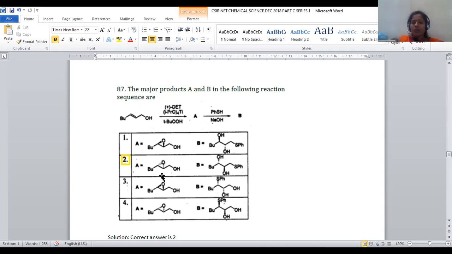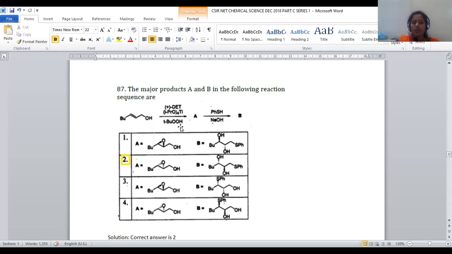Plus diethyl tartarate always gives the epoxide on the backside with respect to the R group, and minus diethyl tartarate will give the epoxide above the face. Above face means the top face attachment is possible, and that will be towards the R group, right? So this is a part of Sharpless epoxidation in the presence of titanium tetraisopropoxide, and also tertiary butyl hydroperoxide was also treated.